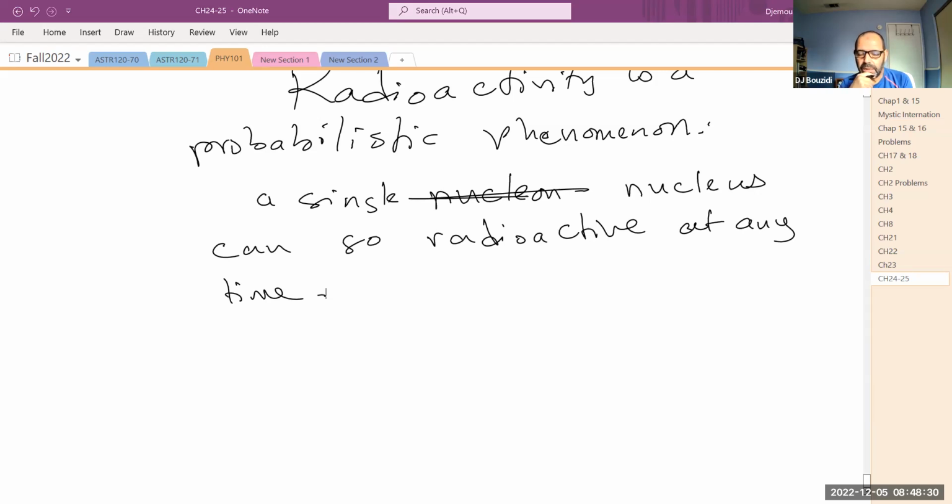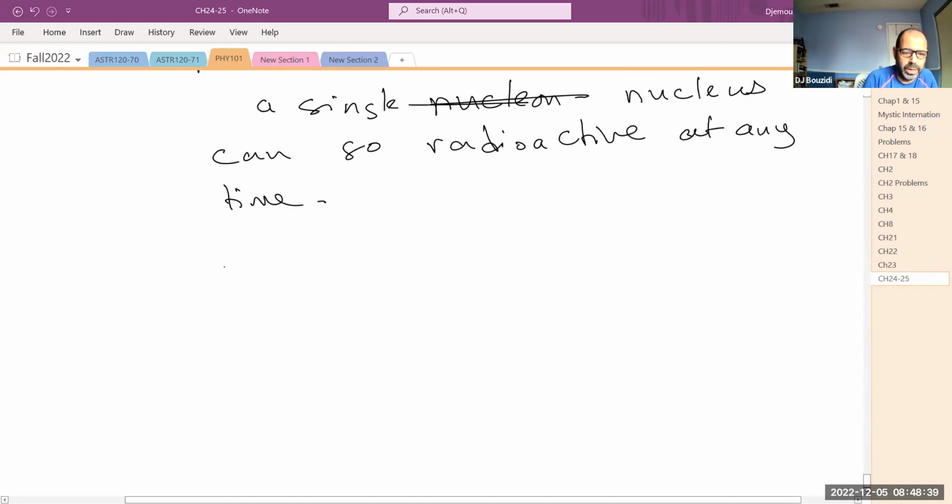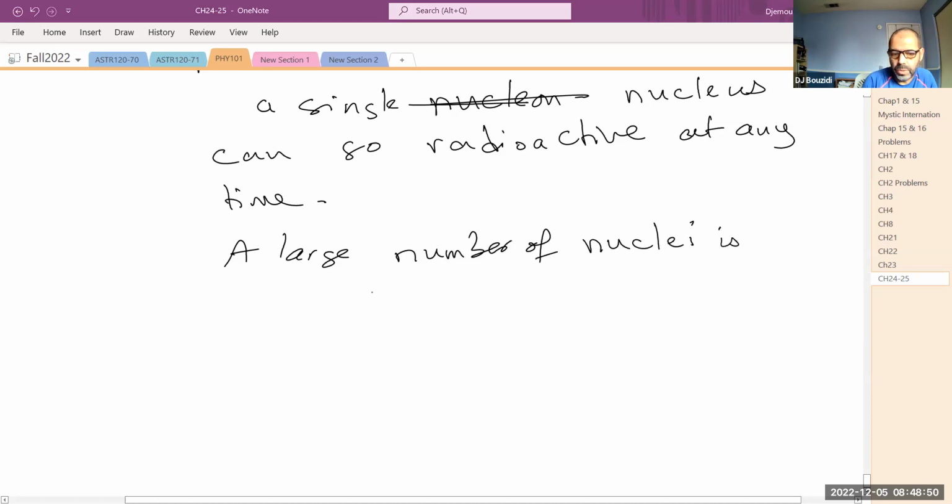But if I take a large number of them, that is more deterministic because the law of averages applies then, okay? So on a large number of nuclei, it is determined by their half-life.